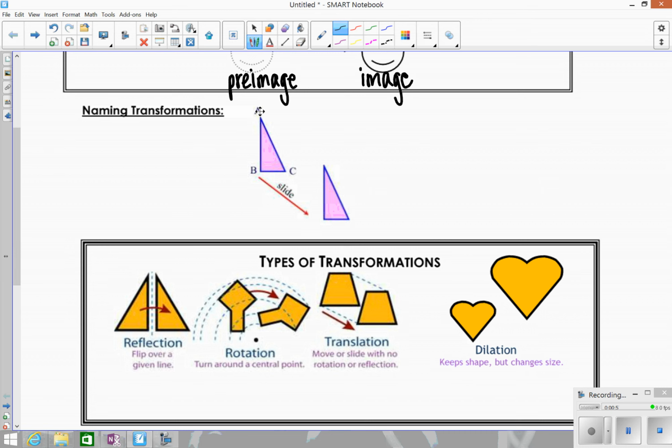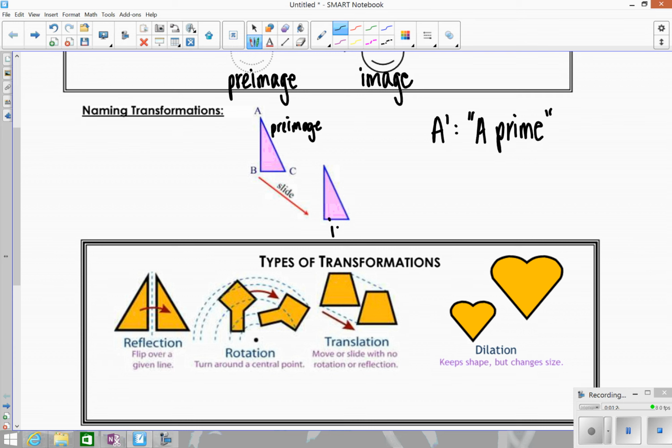So when we talk about naming transformations, a convenient way to do this is by using what we call primes. So for example, I'll write A prime. It looks like a little 1 as an exponent, but to read this, you say A prime. And the reason why you would do that instead of just using a new letter is because then it's really easy to see where A prime came from. So where was the starting figure? If you look, this was a slide that occurred. This right here is the pre-image, the starting figure.